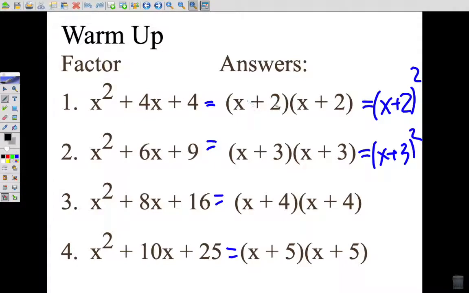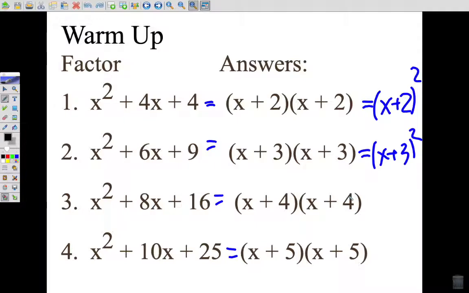So when you factor the first one, 2 times 2 is 4, and 2 plus 2 is 4. But a mathematician would say, I'm not wasting my time writing the binomial twice. I'm going to write it once and indicate repeat multiplication. We are squaring that binomial. With number 2, 3 times 3 is 9, and 3 plus 3 is 6. But don't write it twice. Number 3, 4 times 4 is 16, 4 plus 4 is 8, and so forth.